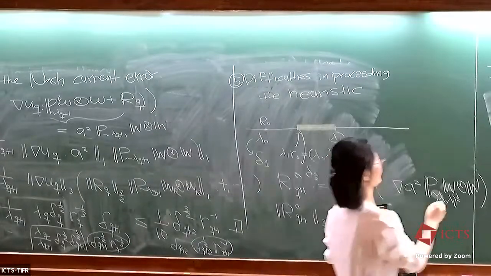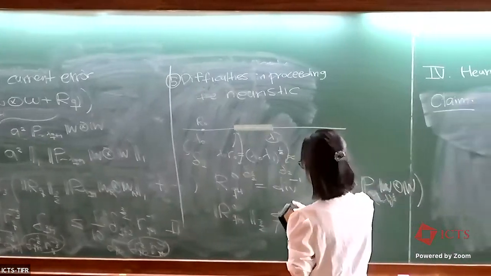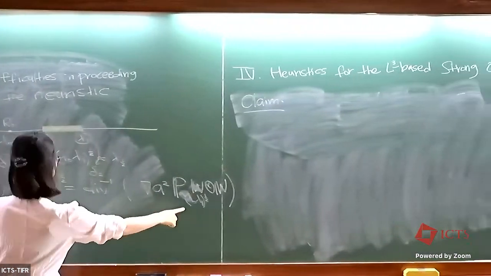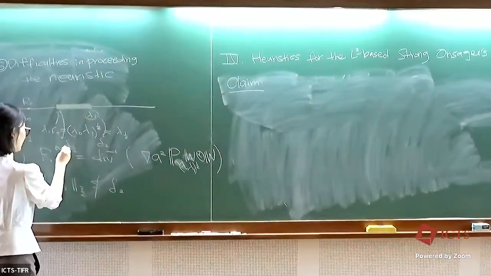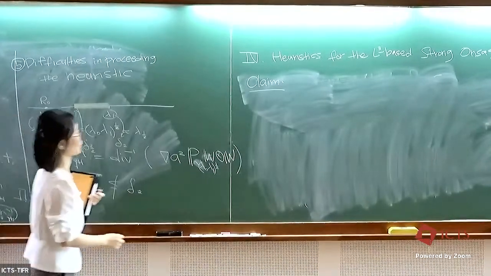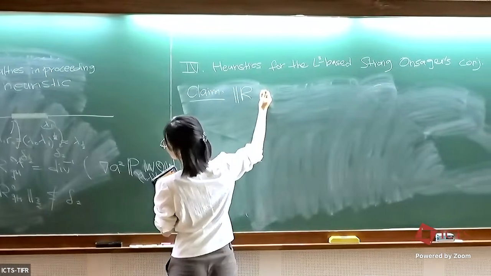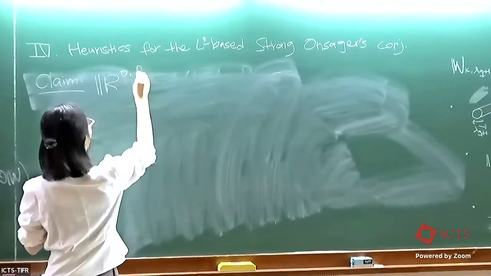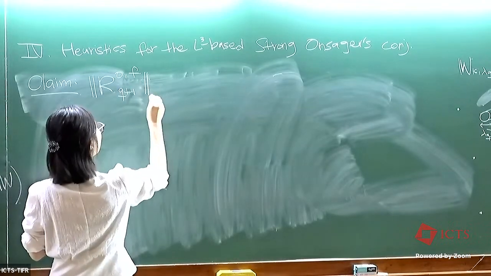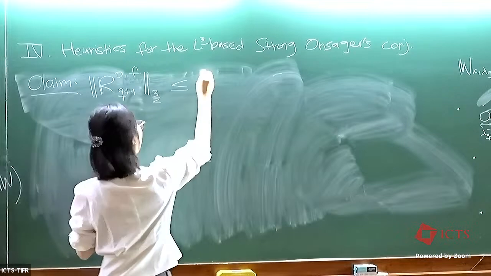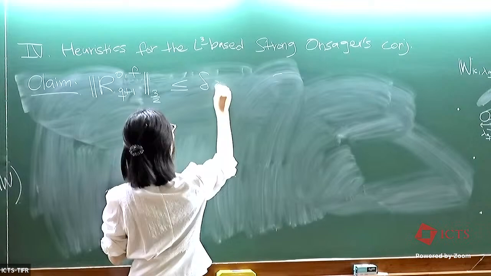So my claim now is that this oscillation error with the lowest frequency can be bounded by delta Q plus, sorry, not 1, 3 over 2, right?